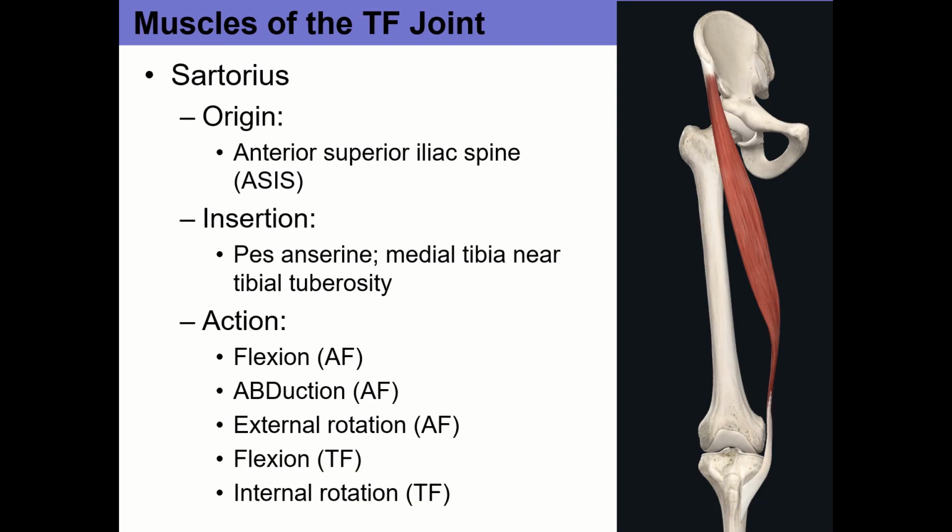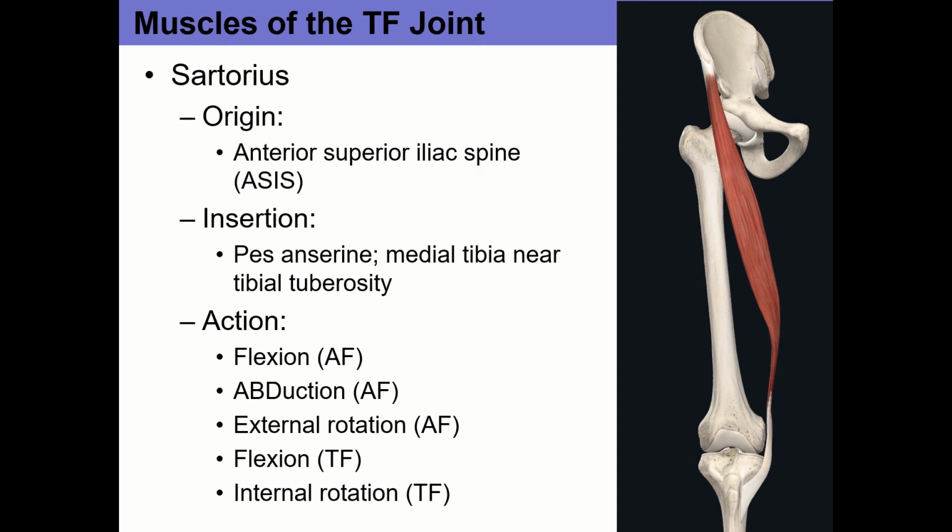All right. Another muscle you've seen before, the sartorius. Sartorius originates at the anterior superior iliac spine, the ASIS, and inserts at the pes anserine, which is medial to the tibial tuberosity, on the medial area of the tibia. Remember, sartorius does a bunch of things.